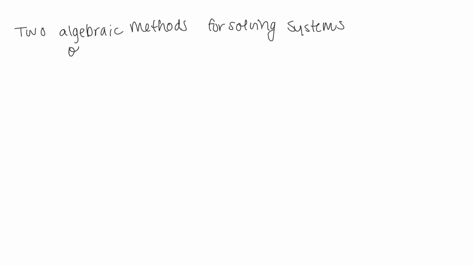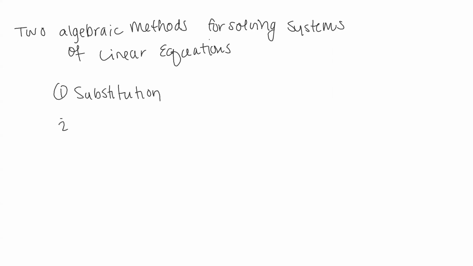And remember, we're talking specifically linear equations in two variables. Okay, the first method is substitution. The second method is addition, or you can see it called elimination. And once you see us work through it, you'll see why it has two names.